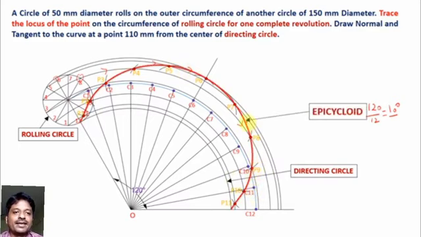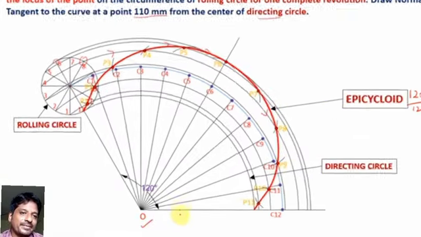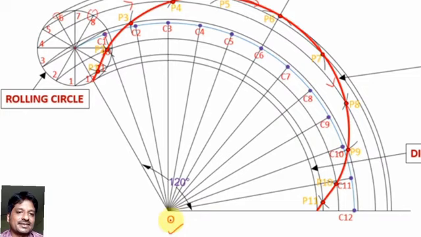Now we are going to draw the normal and the tangent line for the curve at the point 110 mm from the center of the directing circle. Here in this case it is given as 110 mm. So this is the center of the directing circle, and mark an arc on the epicycloid at the distance of 110 mm.